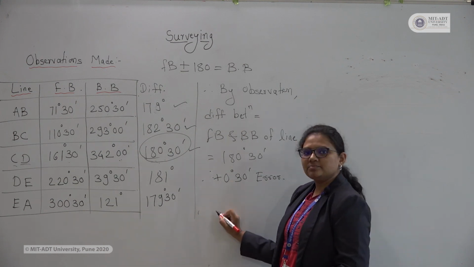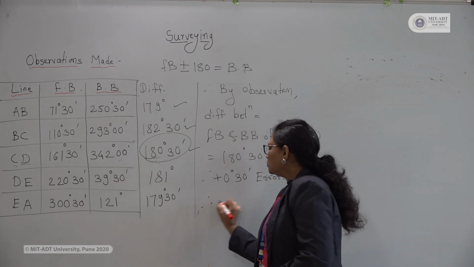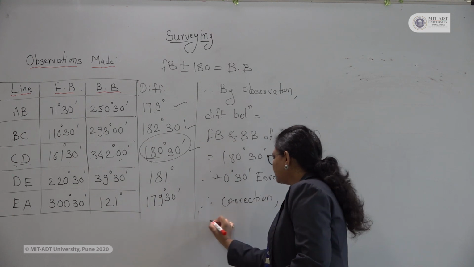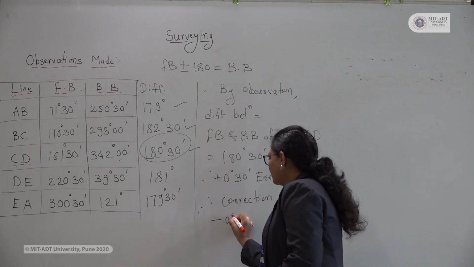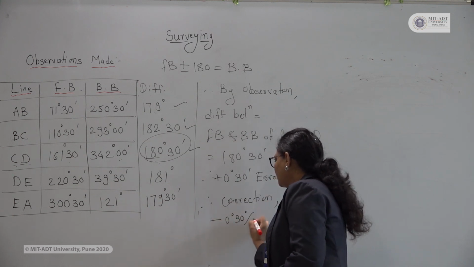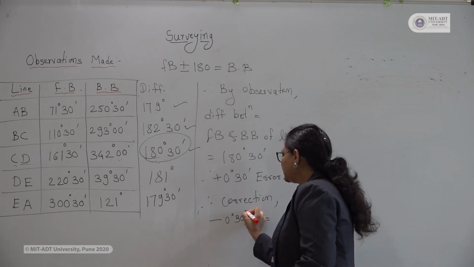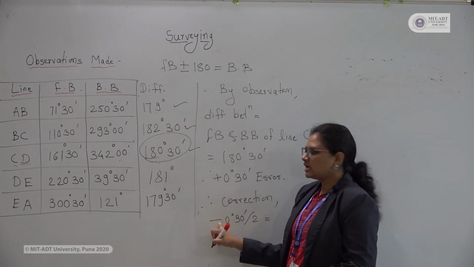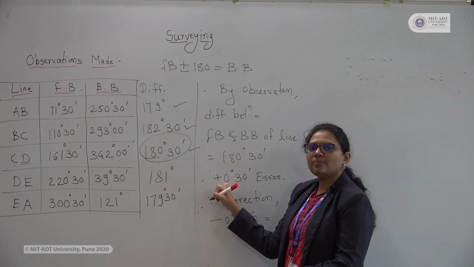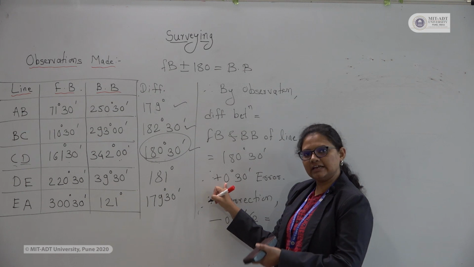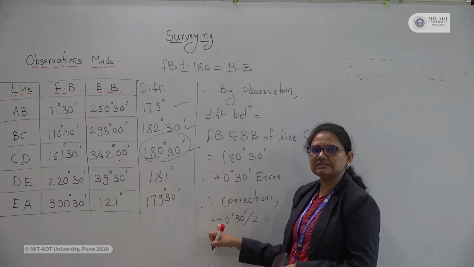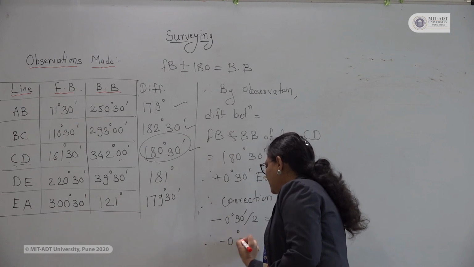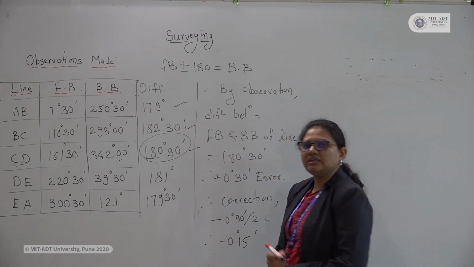This error is plus 0 degrees 30 minutes, therefore our correction will be minus 0 degrees 30 minutes divided by 2. The minus sign is used as we have the error value as positive. If we get the error as negative, then we have to use the positive sign instead. Therefore, our correction will be minus 0 degrees 15 minutes.